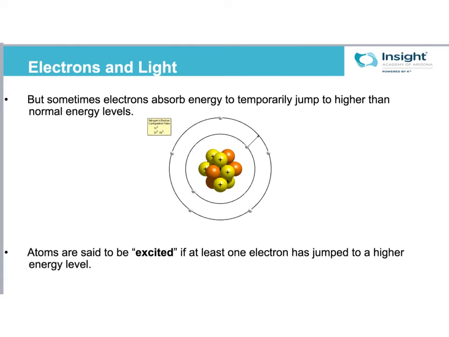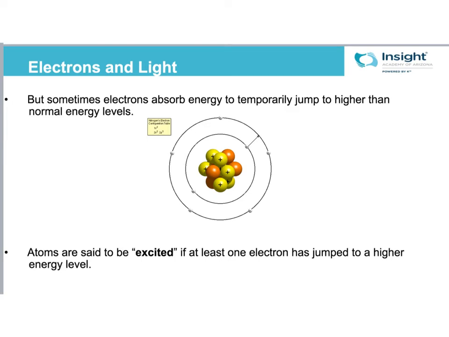Now, there are times when we can provide energy to the electrons, and we can excite them. So think about it. Excited people are full of energy, they're kind of bouncing off the walls, things like that. An excited electron is the same thing.